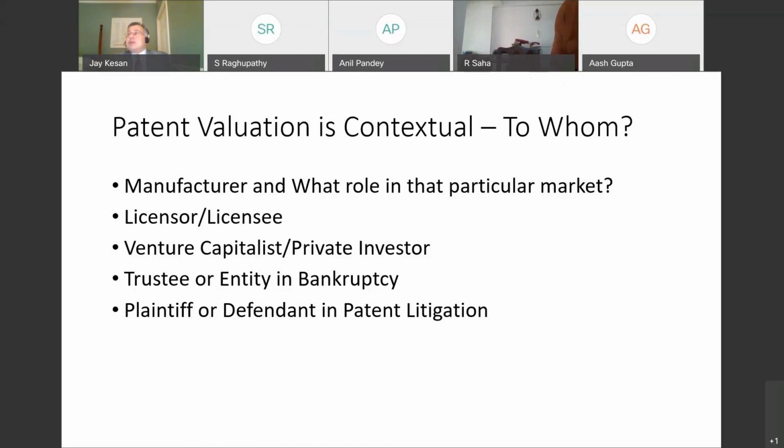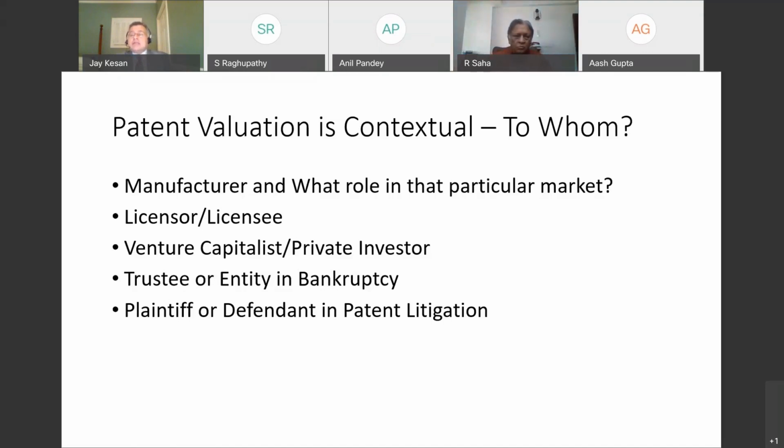The patents have a value because they are helping that startup company be successful and perhaps gain some strong market power for their products based on the patent. The venture capitalist and the private investor is also looking at it as collateral. So they're also interested in if the startup company is going to fail at some point in the future, the only thing they may be left with are those patents. And then they may be interested in what is the ability to monetize those patents in that situation.